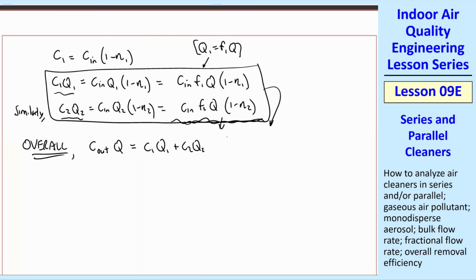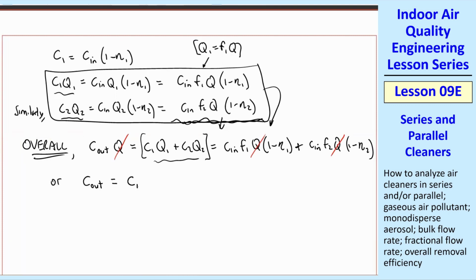And we can use the right-hand sides of the boxed equations up here to get this in terms of F1, F2, Q, and C in. So this is C in F1Q times 1 minus eta 1 plus C in F2Q times 1 minus eta 2. This is an intermediate term, so if we look at the remaining terms, you see that there's a Q in each one. So we can write an expression for C out as C in times the quantity F1 times 1 minus eta 1, plus F2 times 1 minus eta 2.